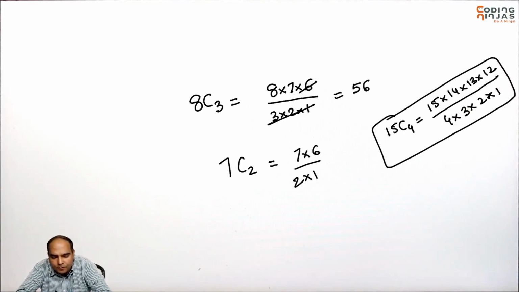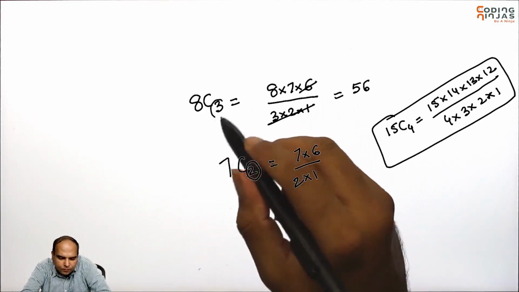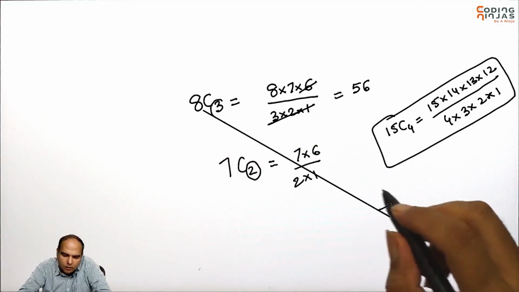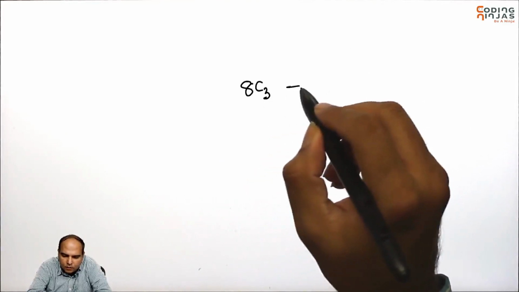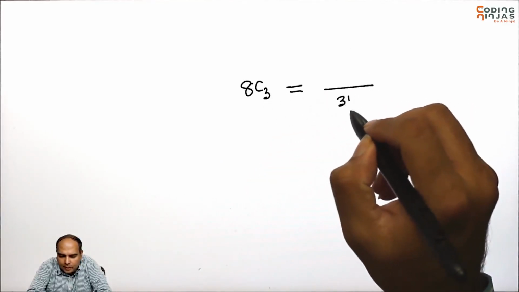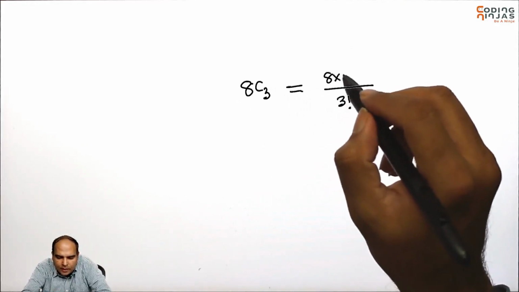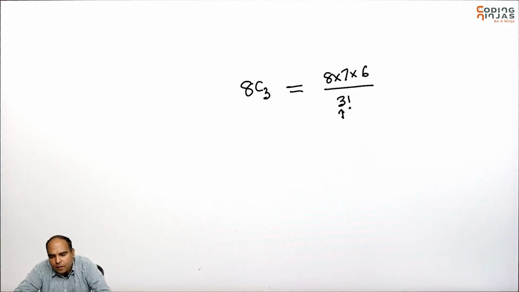So what we are doing is, in the denominator we are just taking the factorial of r. When I want to write 8C3, I put 3 factorial here. In the numerator, I start with 8 and take 3 terms, which the 3 is getting counted from here, right? So this is the direct way of writing an nCr.